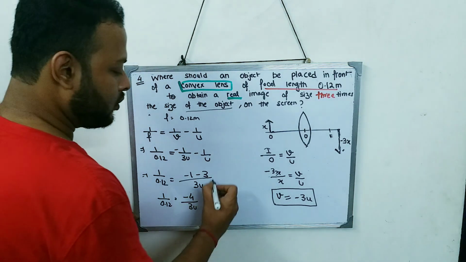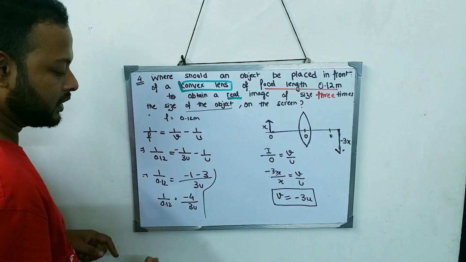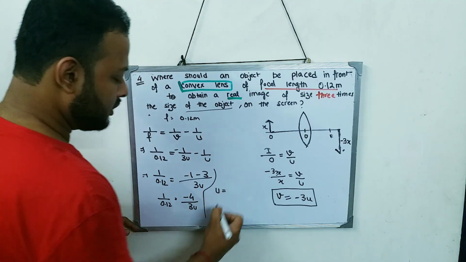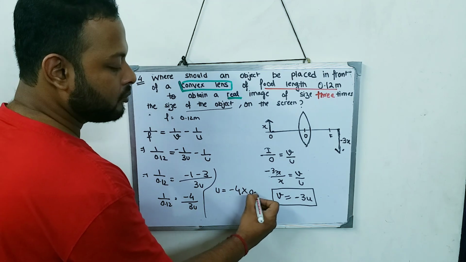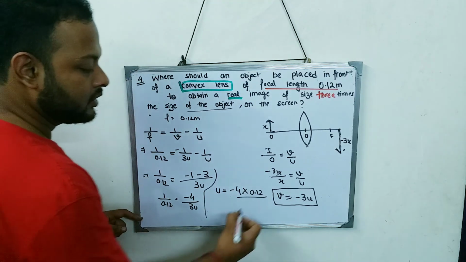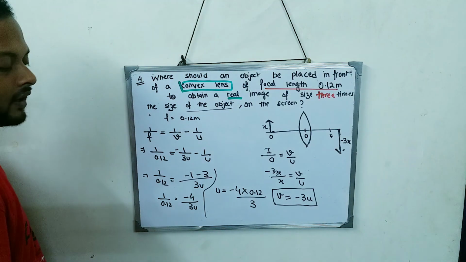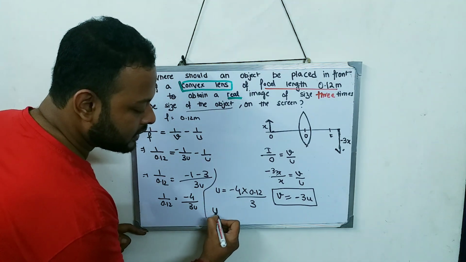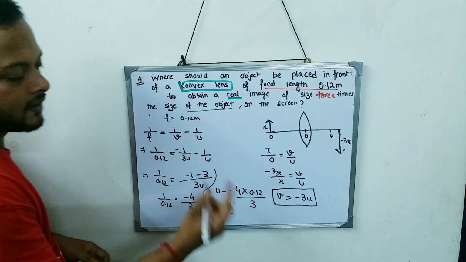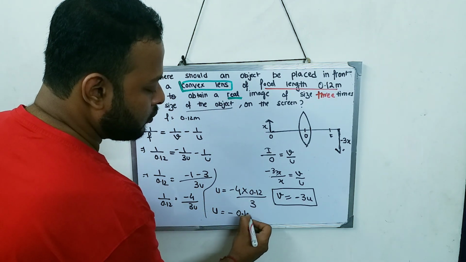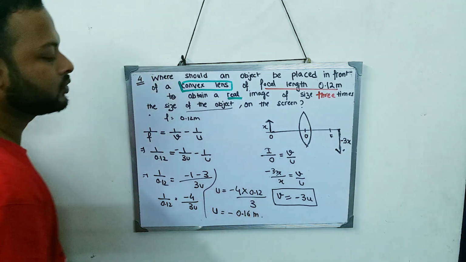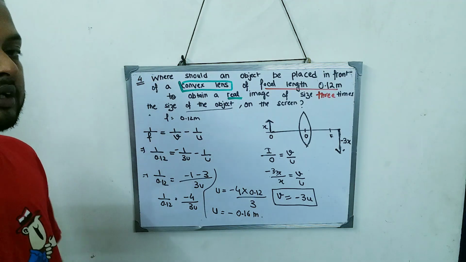And after this, U is equal to, if you look at the sum, minus 4 into 0.12 divided by 3. And ultimately you get the answer U as minus 0.16 meter.